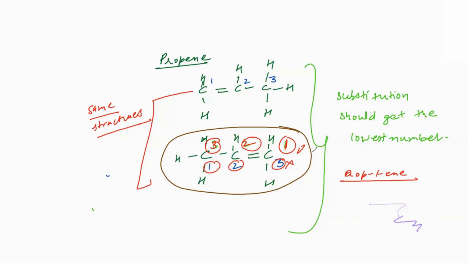No, I told you now. For the second one, this numbering is wrong, because if you write prop-2-ene, the substitution is getting the second position. The rule says the substitution should get the lowest number. So if you get asked in an exam, you would only write the top one. Yes, that makes sense.